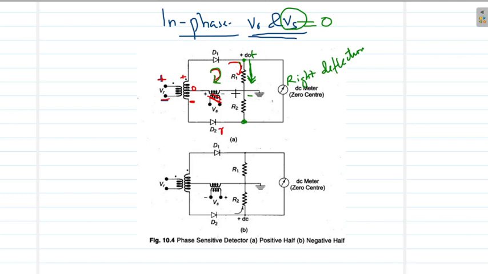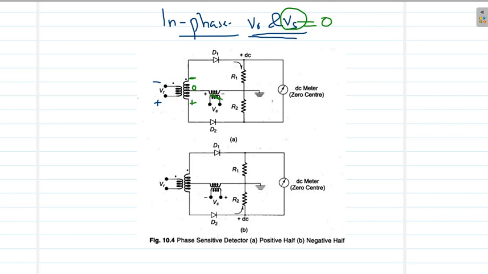Now let us consider the case of the negative half cycle of this same VR signal. Then we have negative voltage here and positive voltage here, since this is the negative half cycle, and let us try to understand the polarity in different loops in the circuit. So a negative voltage here implies we have a negative voltage developed here. This is ground, which is 0, and the positive voltage will be here.